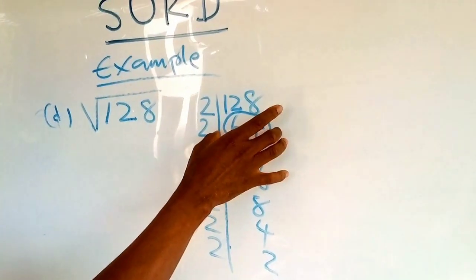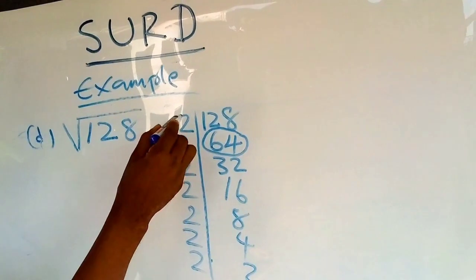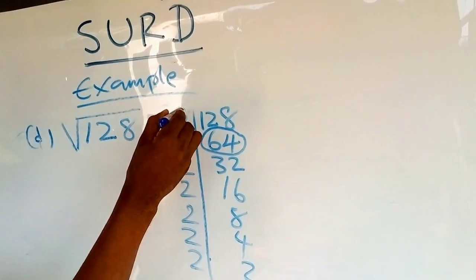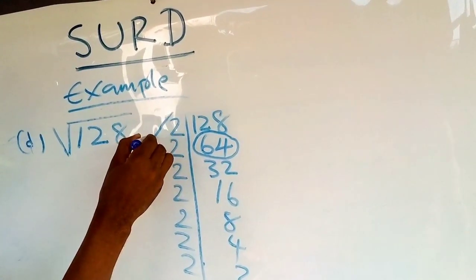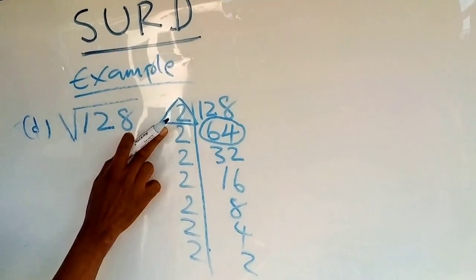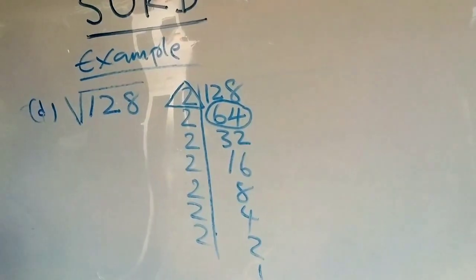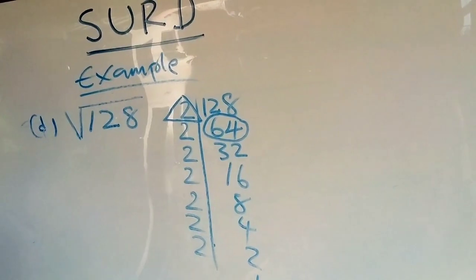Now, since I have 64 here, don't bother about this. The next number that is left here is 2. You see that? I use a triangle to pick my 2. That means 2 times 64 will give me 128. And 64 is a perfect square.